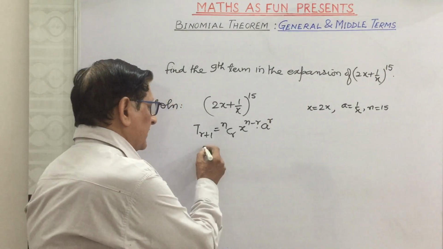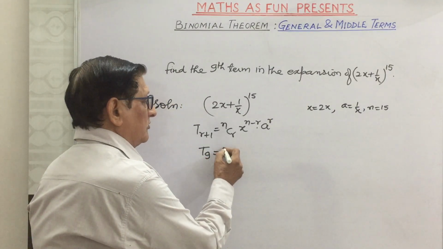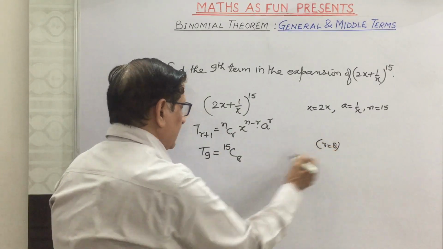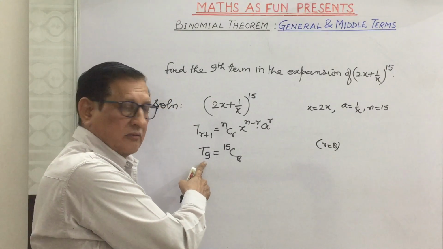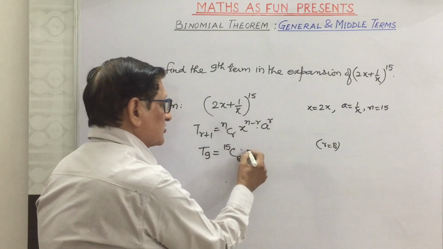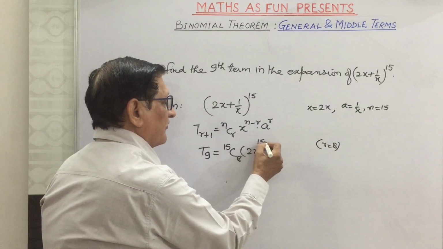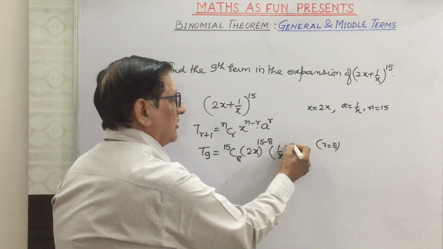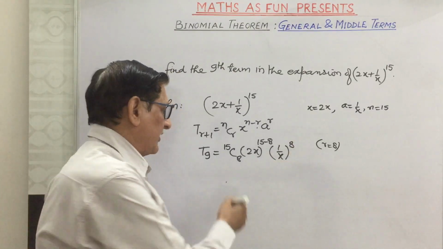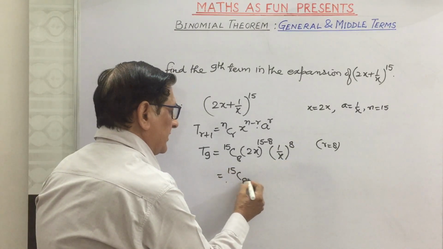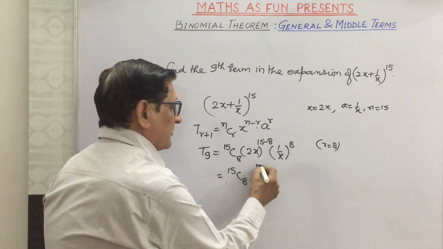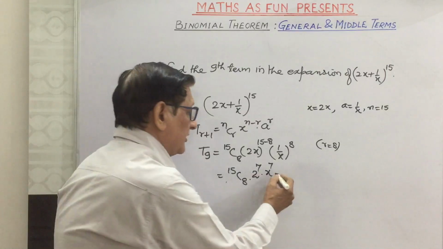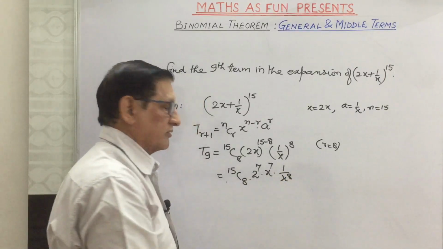We are to find the ninth term, t9 = 15C8, because r here will be 8, that is r plus 1 is 9, into 2x to the power 15 minus 8, into 1/x whole power 8, and we simplify. This is 15C8 into 2^7 into x^7, 15 minus 8 is 7, into 1/x^8.